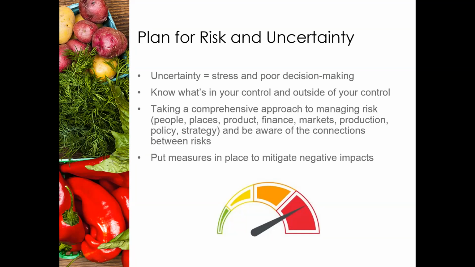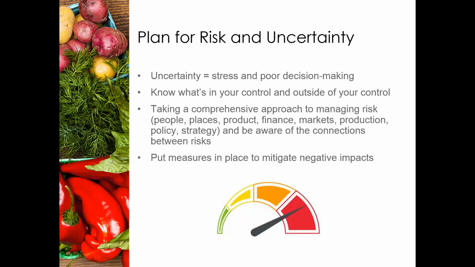And as you can see here, there's quite a few different types of risks that we can deal with. There's risks that are associated to people, places, products, your finances, markets, your production, policy, strategy, all of this, looking at all the types of risks and what the connections are between them, and being able to navigate through that and find the ones that are most important to you to be able to deal with them right away and build them into your plan.